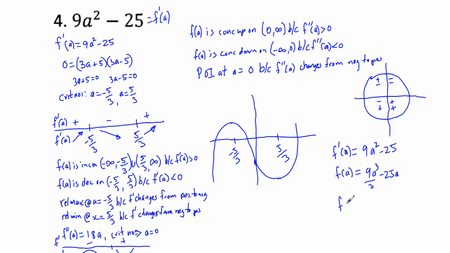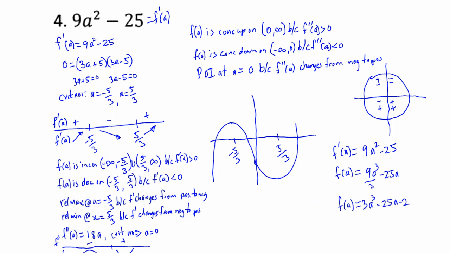So f of a is going to be equal to 3a cubed minus 25a. And we can make this c whatever we want. We say plus 2. And actually, based on the sketch of the graph, it looks like we might be minus 2, right? So I'm just going to put minus 2 just to better correspond with what this graph looks like here.